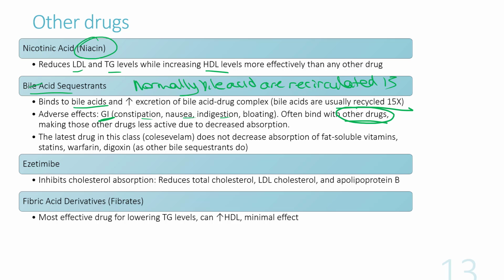So it can decrease the effectiveness of those other drugs. Now, the latest drug in this class, colesevelam, doesn't decrease absorption of fat-soluble vitamins or the absorption of other drugs, right? So that's actually quite a good thing, because it addresses one of the main adverse effects that is true of the earlier bile acid sequestrants.